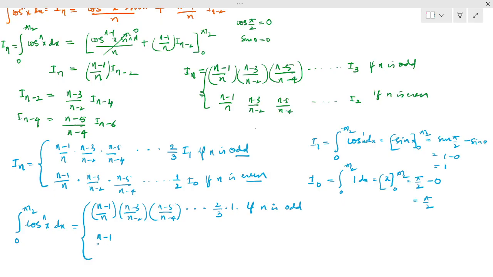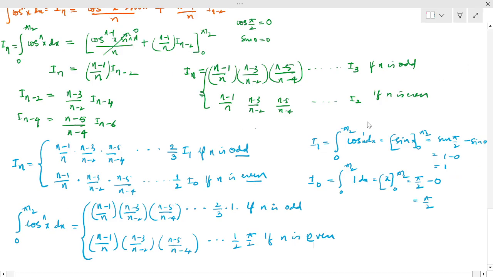Next, (n minus 1) by n, (n minus 3) by (n minus 2), (n minus 5) by (n minus 4), and so on, until 1 by 2 into I0 value, which is pi by 2, if n is even. So this is the value of integration of cos raised to n x dx.